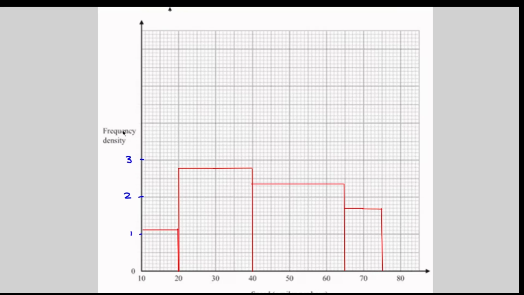Next one is 75 to 80. Its frequency density is 1.2. Right. This is the frequency density graph.